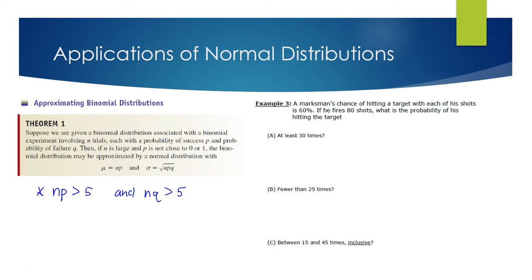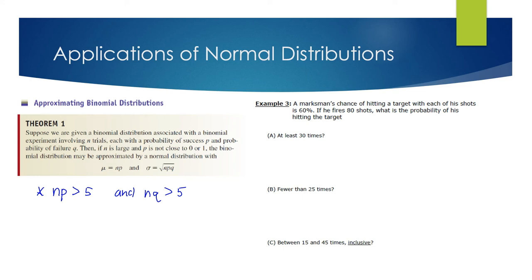Well, as you can see here, one of the reasons why you may want to do a normal approximation is because if I'm looking for the probability that he's hit the target at least 30 times, then I have to do the probability of 30, 31, 32, 33, all the way up to 80, which would be a lot of probabilities to calculate using that binomial formula.